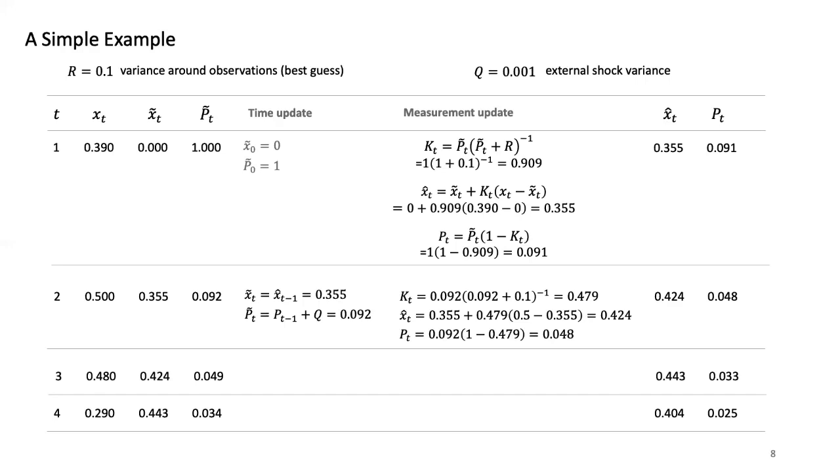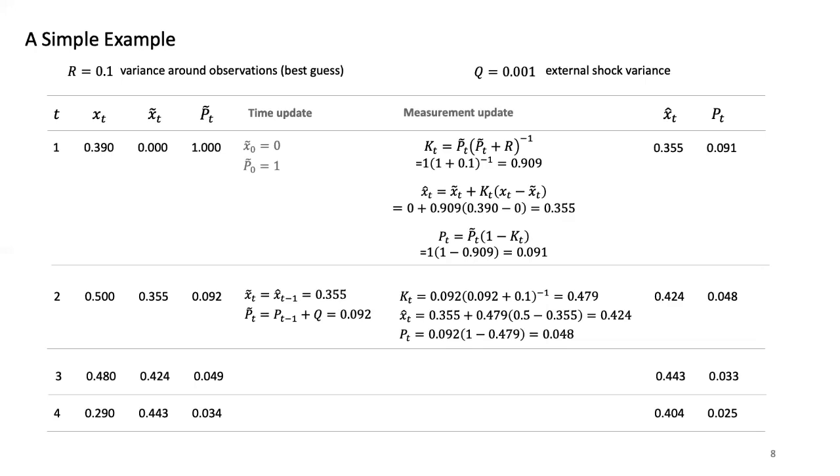So when you put these numbers in, you can see these equations just update iteratively for every observation I have. So at time t equal to 1, I observed a number that says 0.39. Putting all of these numbers into that equation, I have an estimated value of 0.355.